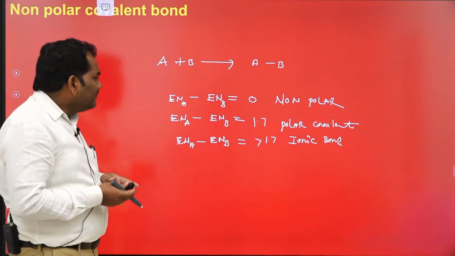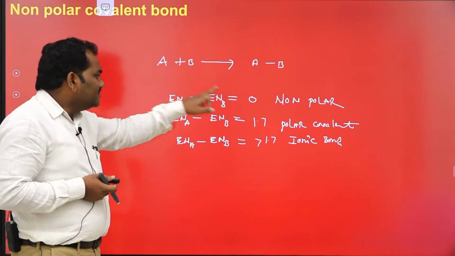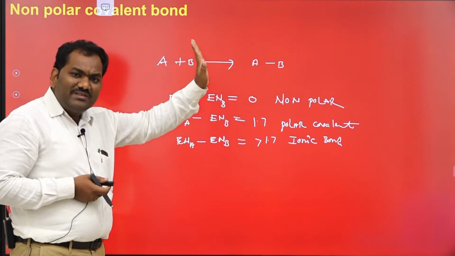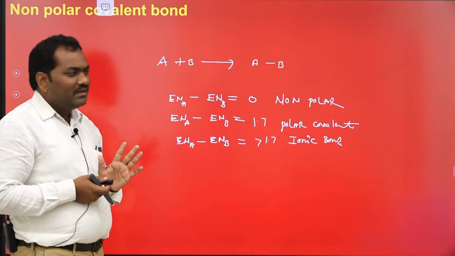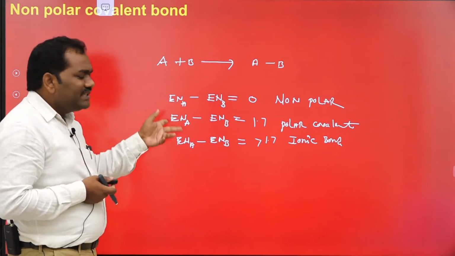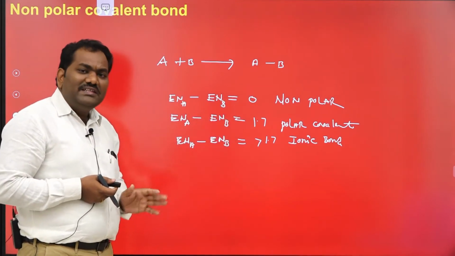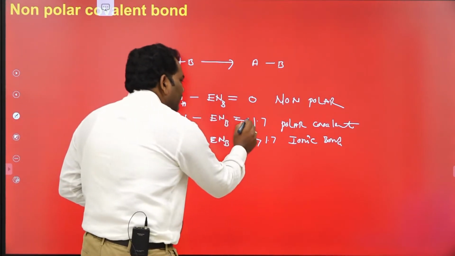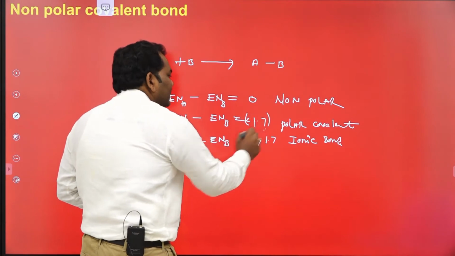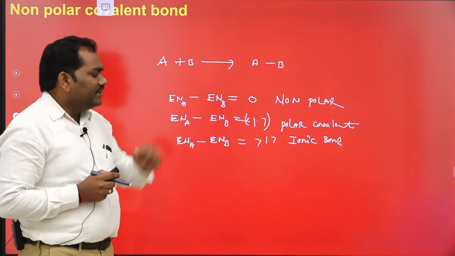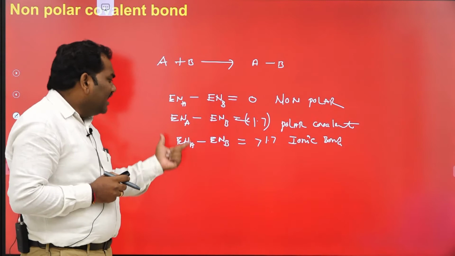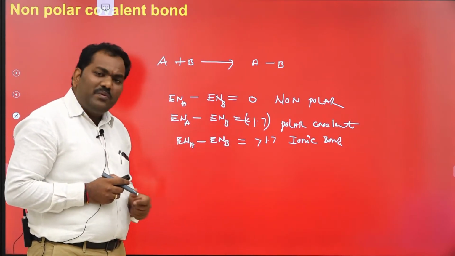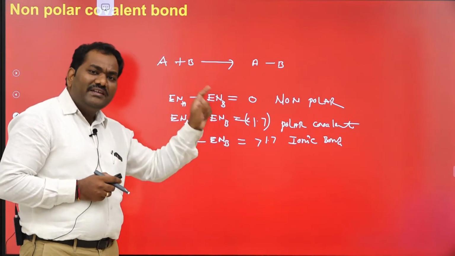I repeat, if the electronegativity difference is 0, that is considered a non-polar covalent bond, and those molecules are called non-polar molecules. If the electronegativity difference is between 0 and 1.7, then it is considered a polar covalent bond. If the electronegativity difference between the two atoms is greater than 1.7, they are able to form an ionic bond.